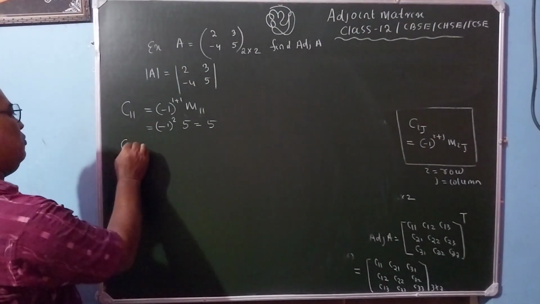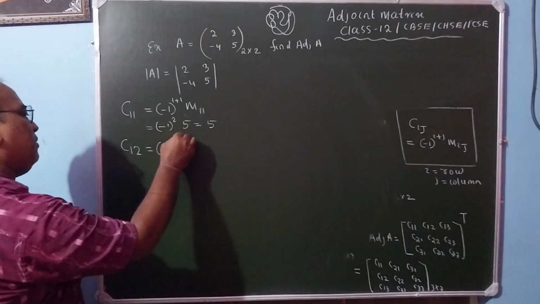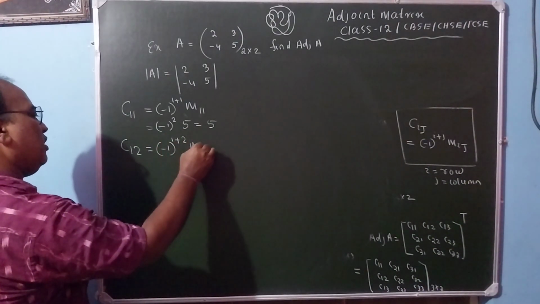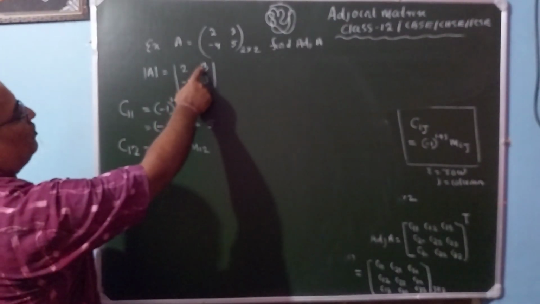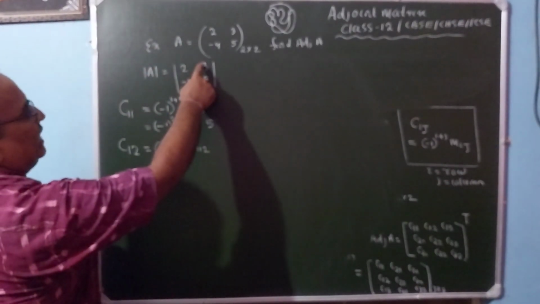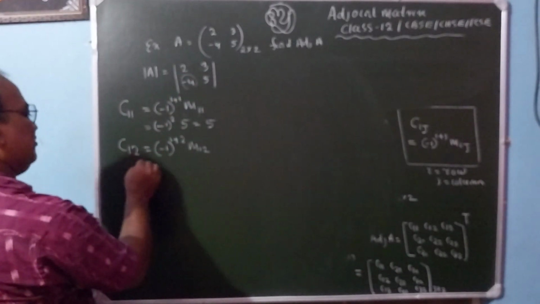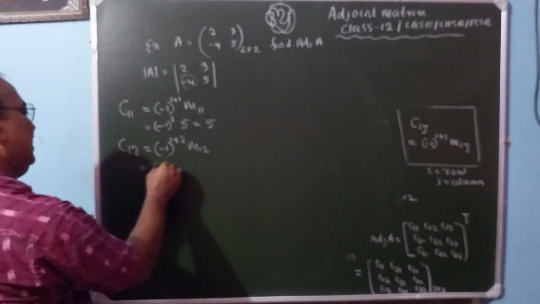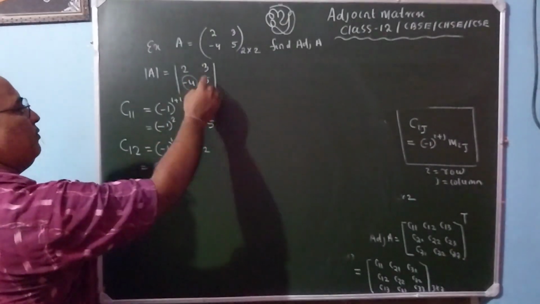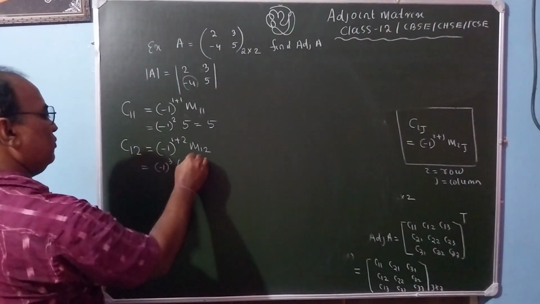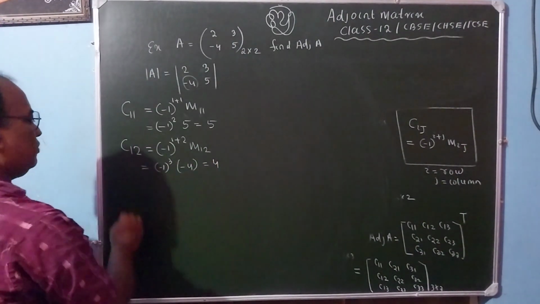Next C12. (-1) to the power 1 plus 2 times the minor of a12. Minor of a12 means the minor of this 3. You have to delete this row and this column. So here it is (-1) to the power 3, and the minor of a12 is equal to -4. Here it is negative, here it is negative, so it is +4.